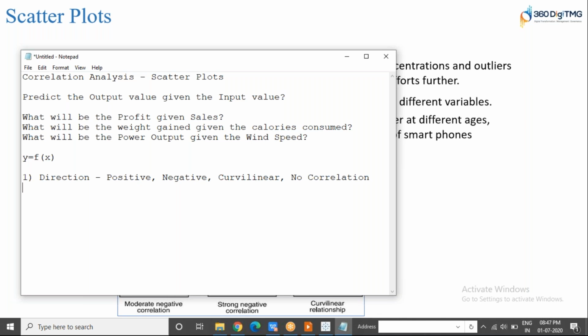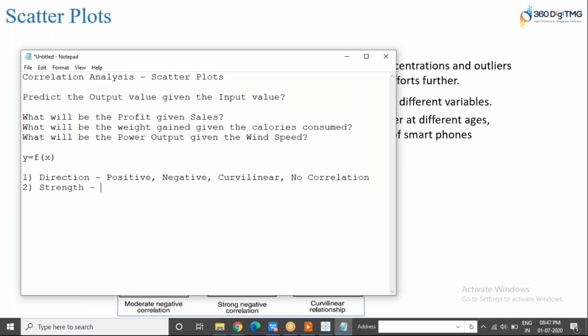Anything is possible. Second thing that a scatter plot will be able to help you to comment about is the strength of the relationship. How strong is the relationship between the two variables? Okay, how strong or how well are they correlated?